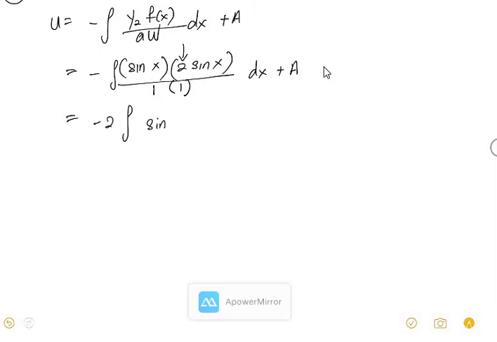A is 1 from step 1, and W is also 1. Then dx plus a.